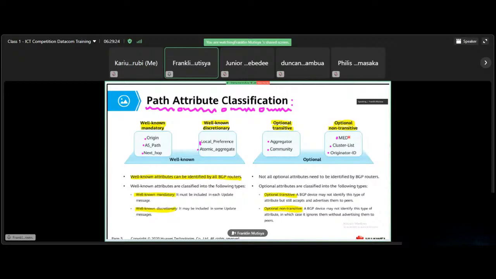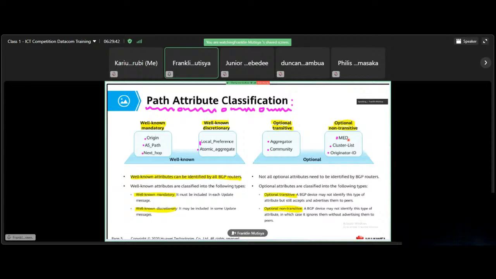So for optional non-transitive, we have the multi-exit discriminator, which is used to identify areas within a BGP network where traffic can leave the autonomous system through multiple points.